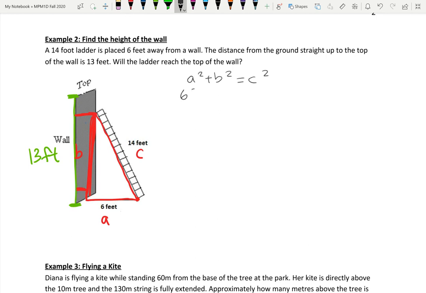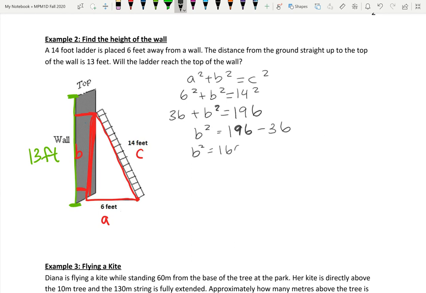Okay, I'm going to sub in what I know, and then I'm going to simplify my squares, and then I'm going to isolate for my variable. So B is equal to approximately 12.6 feet.